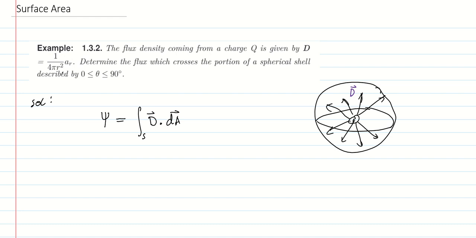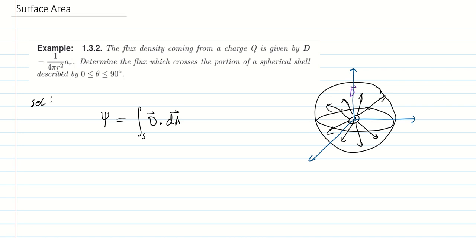Now, what we want is to determine the flux that crosses a certain part of the sphere, not the whole sphere. The sphere is being described where theta is greater than 0 and less than 90. So if we plot this in the spherical coordinate system, this is the z-axis, this is the y, and this is the x-axis.